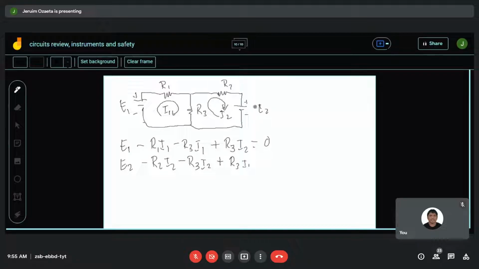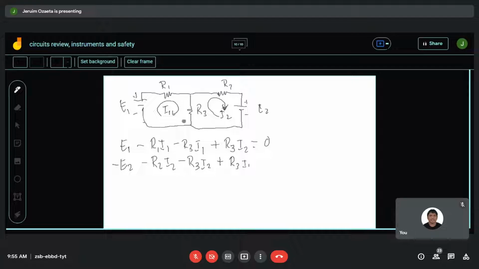By the way, we take note of the direction of the current here. Beginning from I sub 2, this is actually negative, because from positive to negative, that is negative. So I sub 2 R sub 3 is negative. Then I sub 2 R sub 2 is negative.